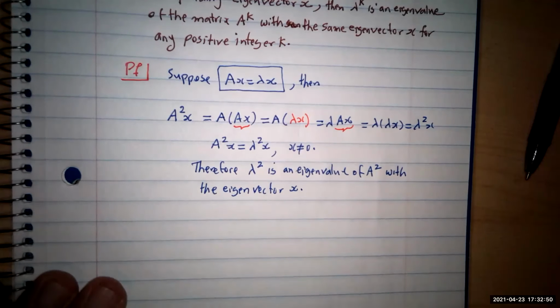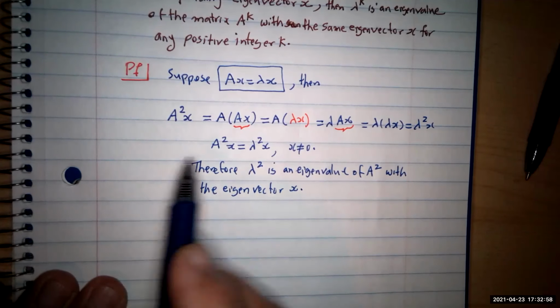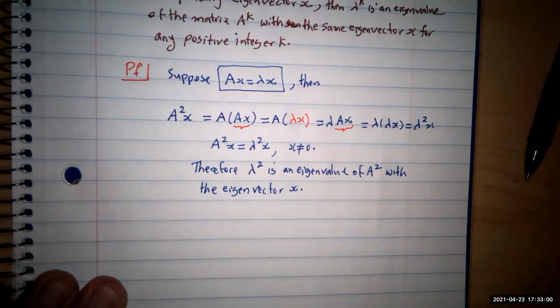So we can do the same thing for A cubed, A to the third, A to the fourth, and in general, you can get that conclusion. Similarly, you must use mathematical induction to prove it, but we accept that it's the same procedure that I did.